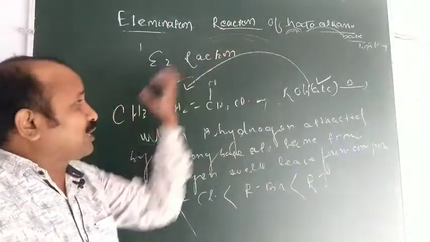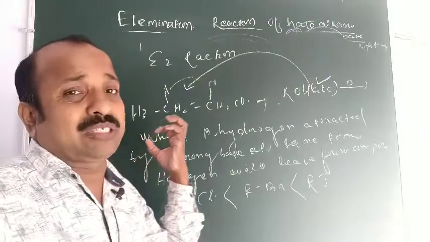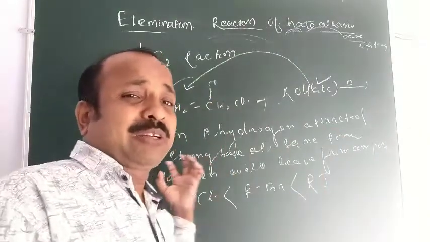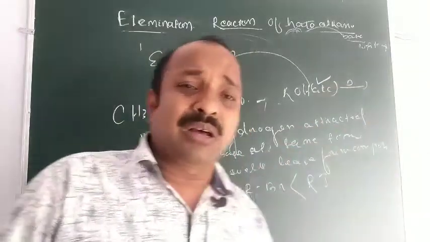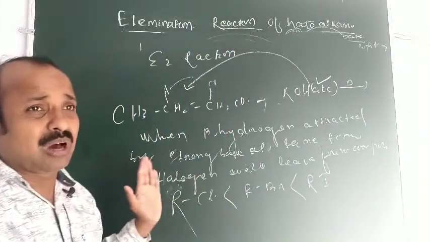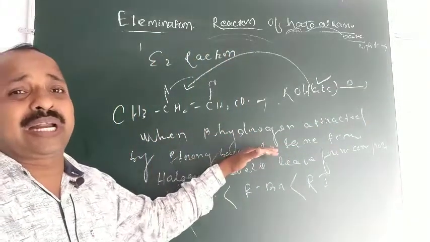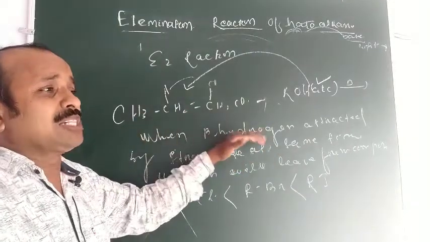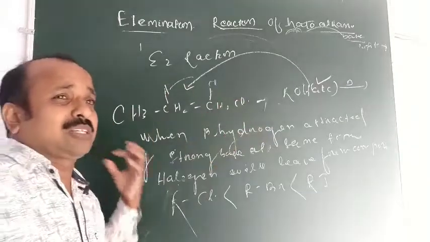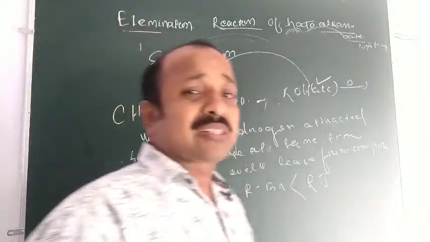Base means it attracts the beta hydrogen. When it attracts and eliminates the beta hydrogen with the halogen, it converts a saturated to an unsaturated compound. It is also the reverse process of the addition reaction.